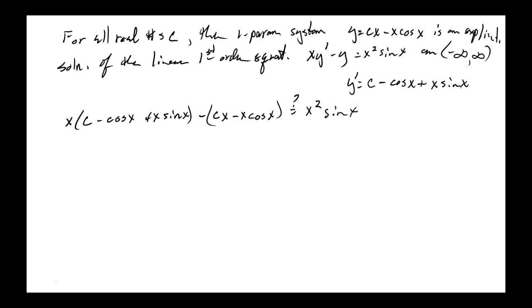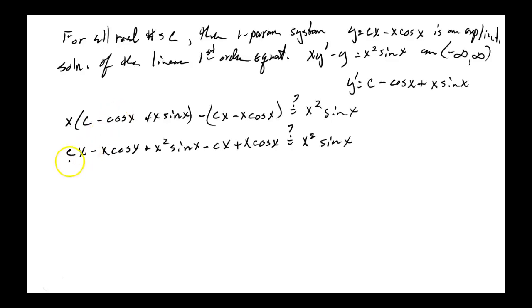Somehow it doesn't look like it would be, but it looks like it could be. So let's multiply through here. This gives you cx minus x cosine x plus x squared sine x. Then distribute the minus sign across, minus cx plus x cosine x. Is that equal to x squared sine x?